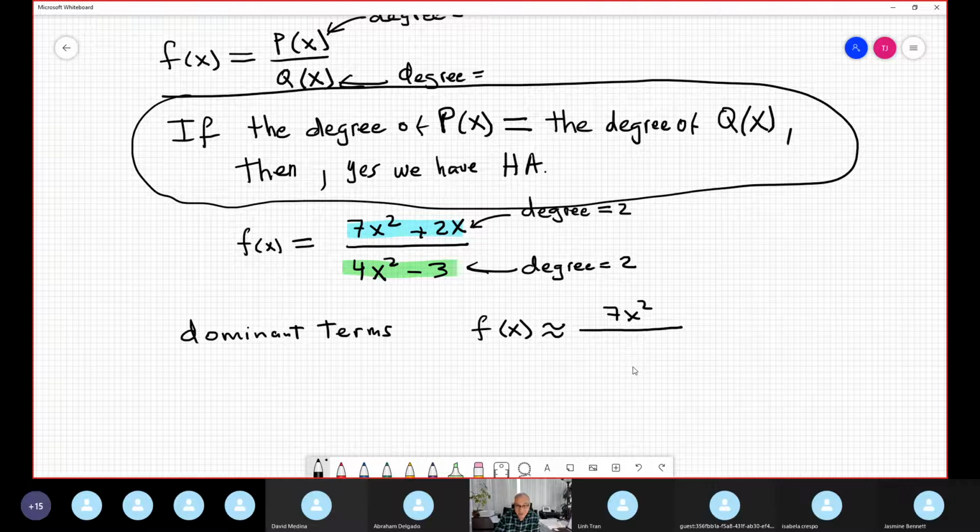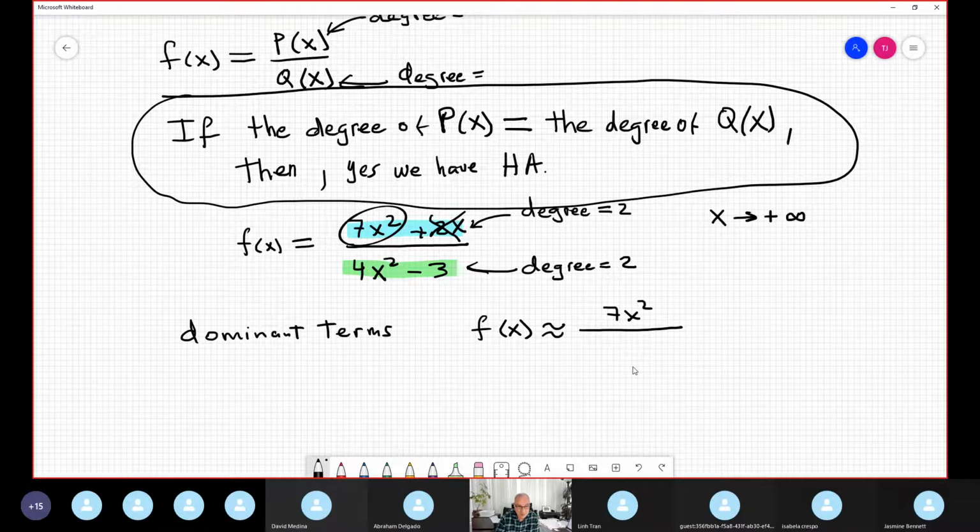The reason I do that is because x approaches infinity, so x is a huge number. When you plug in a huge number, the term increasing faster is this, and this is completely negligible. It's big, but it's negligible with respect to the dominant.